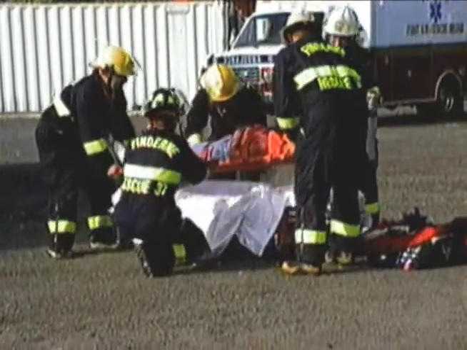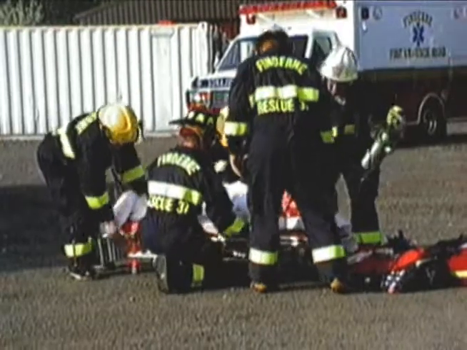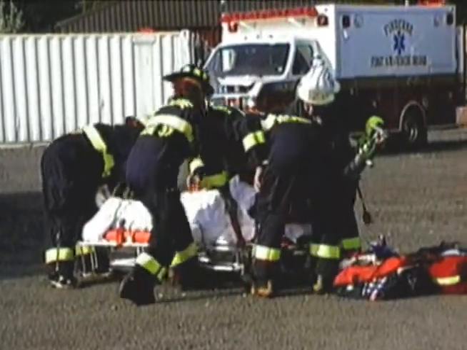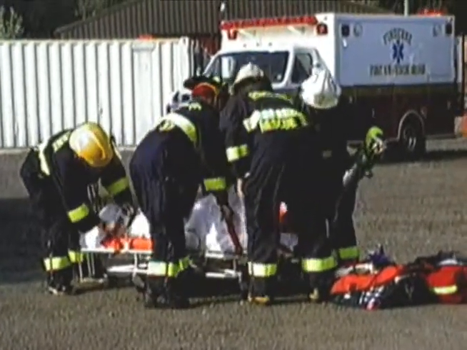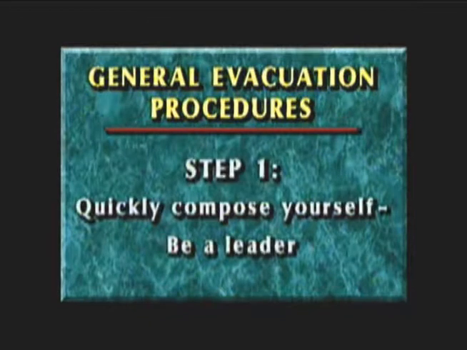Accidents are not planned, and you can't know the exact circumstances which you will face. To be prepared, learn the basic response procedures. The following steps represent the general procedures for evacuating passengers in case of an existing or imminent fire or smoke condition. Step 1. Quickly compose yourself.